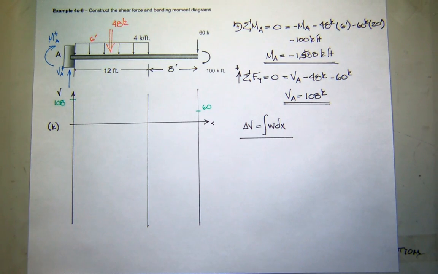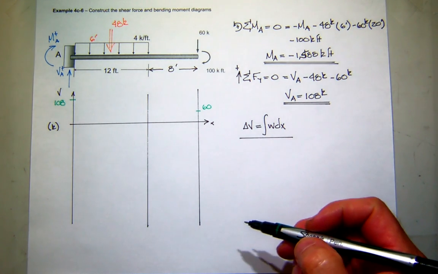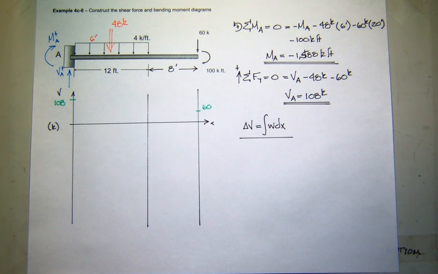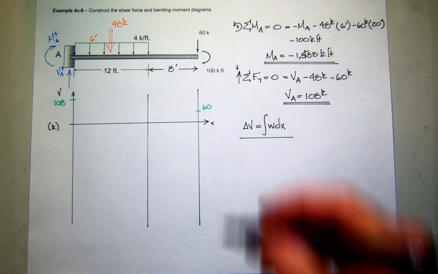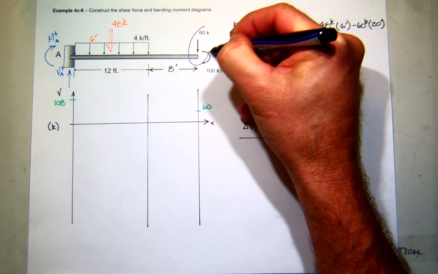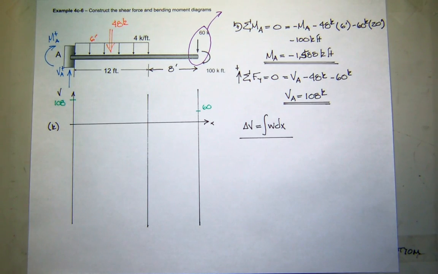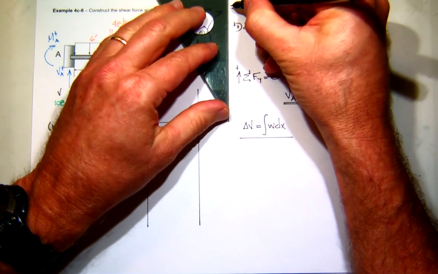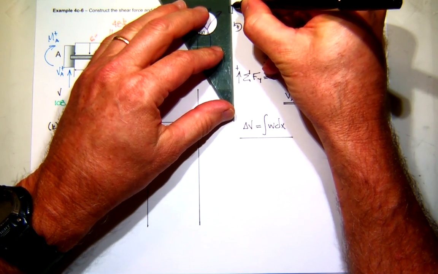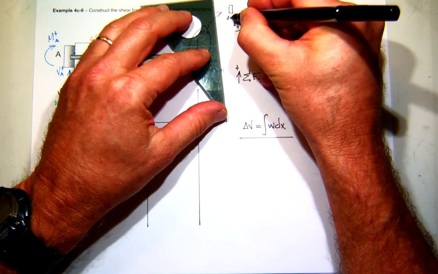So starting here, remember, if you look at this little spot, let me just quickly draw you a free body diagram of that up in the corner. I'll draw a little bitty chunk of the beam, a little tiny dx piece of the beam.